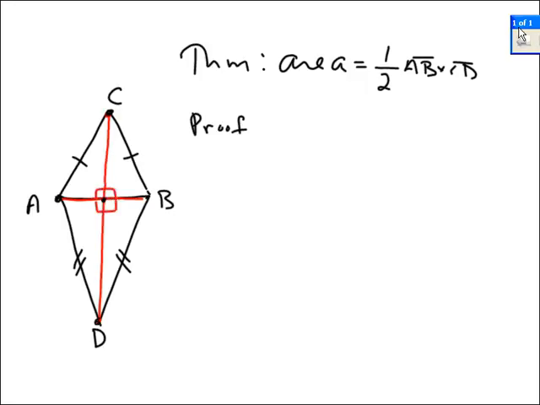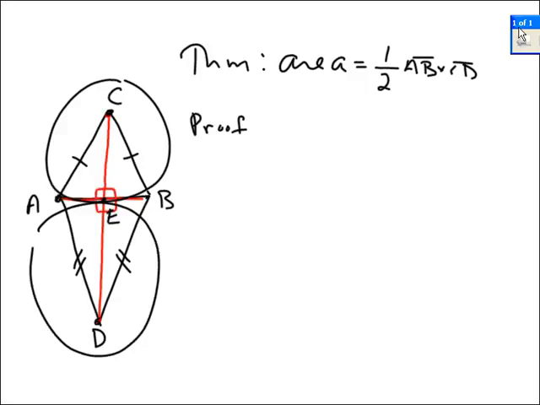Let us call this point E. So we have a top triangle, ABC, and we have a bottom triangle, ABD. And the sum of the areas of these two triangles is the area of the whole kite.